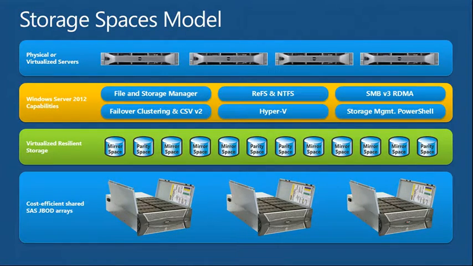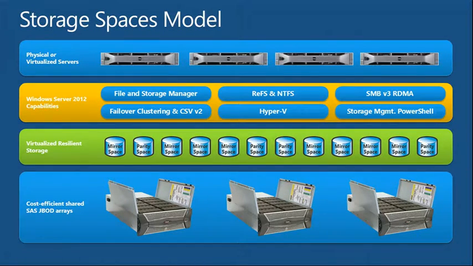And then on top of the physical disk, you create your virtualized resilient storage, which is basically your spaces. And as you can see, you can mix and match mirror spaces, parity spaces, and even just striped spaces across them. And they will choose the physical drives beneath them that make the most sense underneath it.